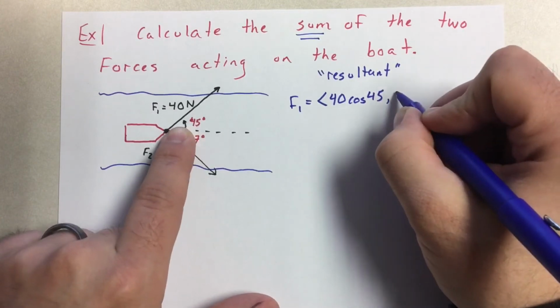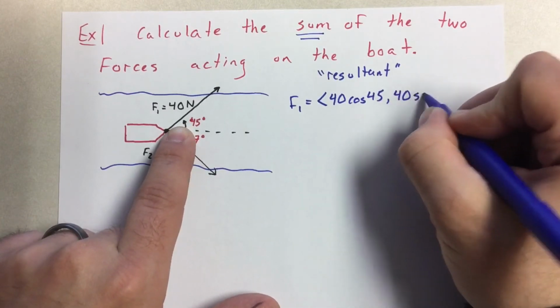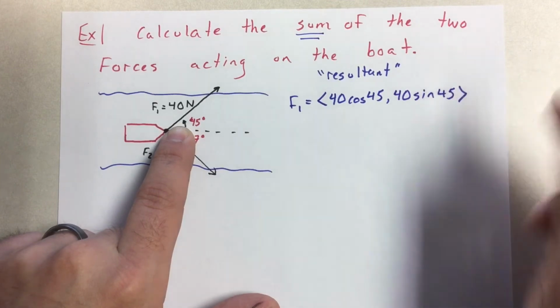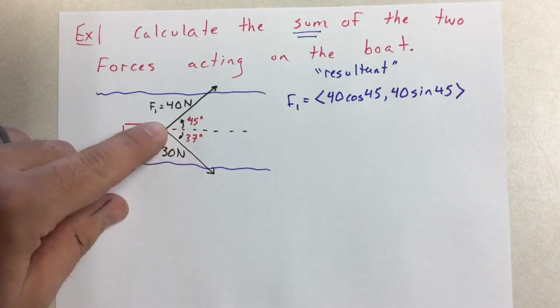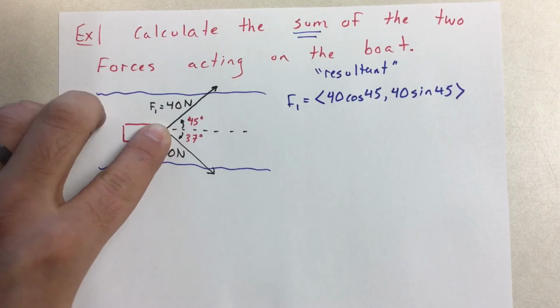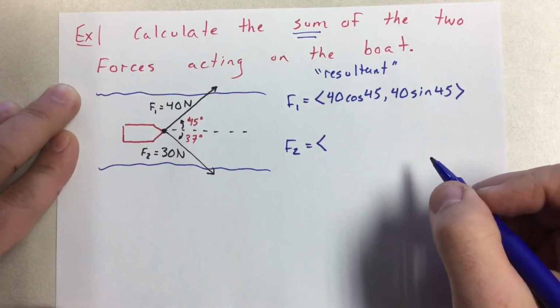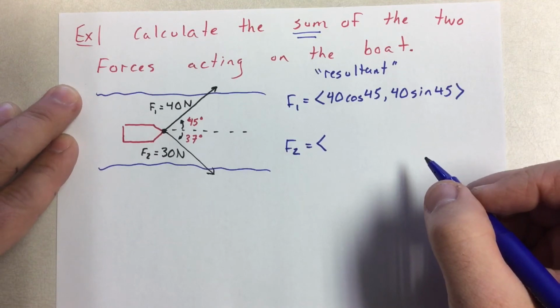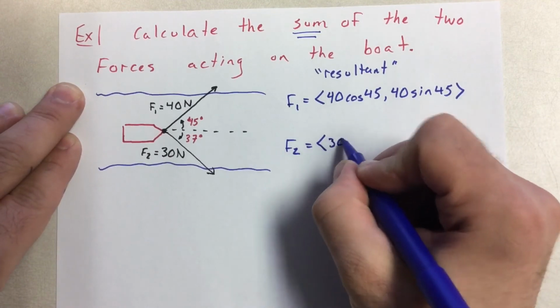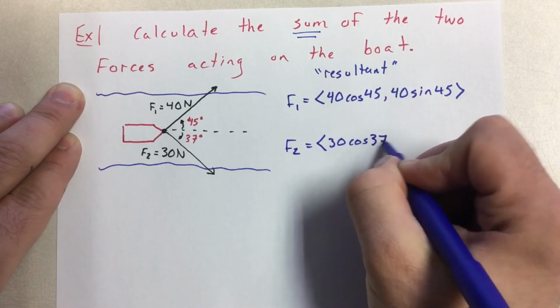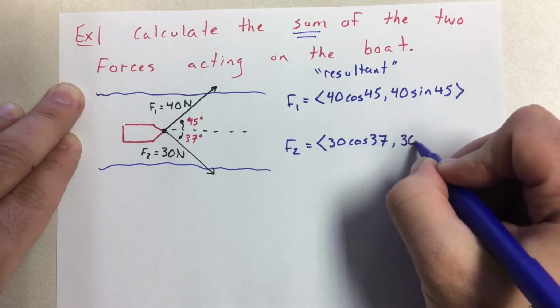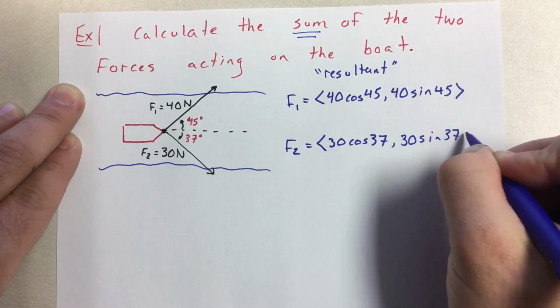And then the other component would be the magnitude multiplied by sine of your angle measure. That is the component form for force 1. And then for force 2, it would be what? Well, it would be 30 cosine of 37, comma 30 sine of 37.